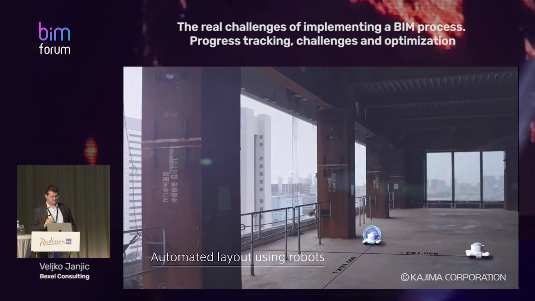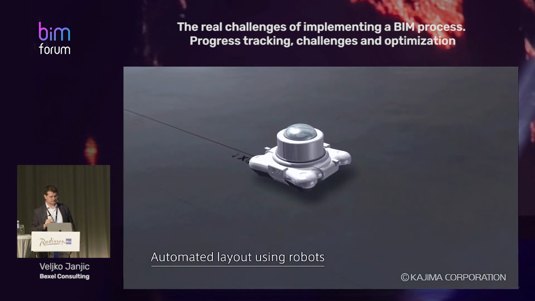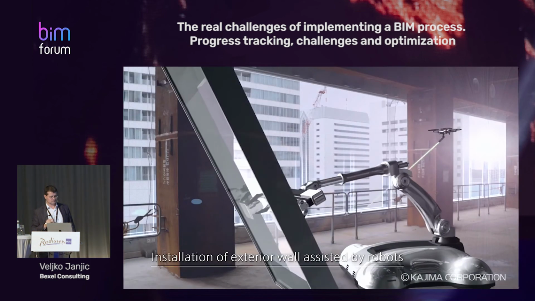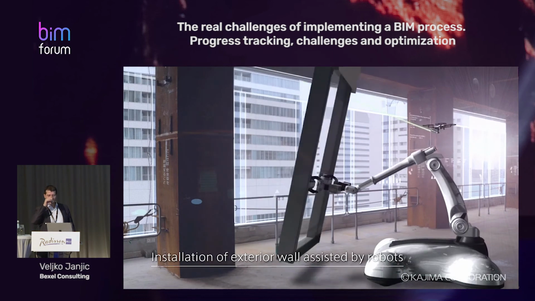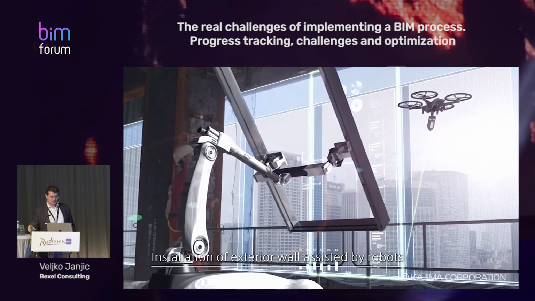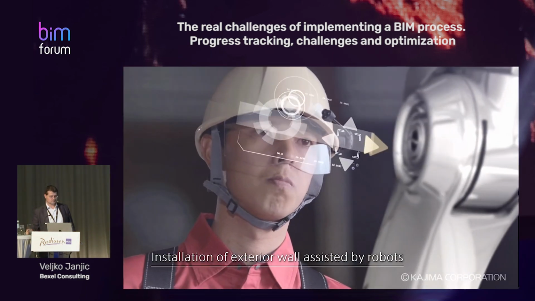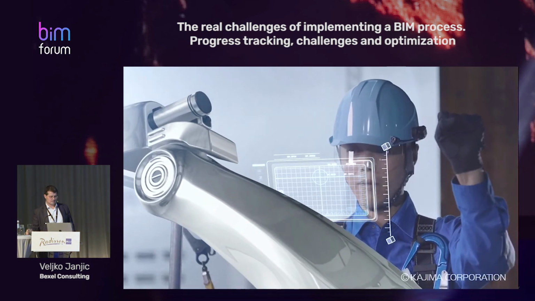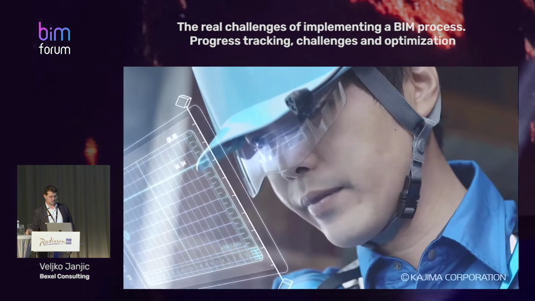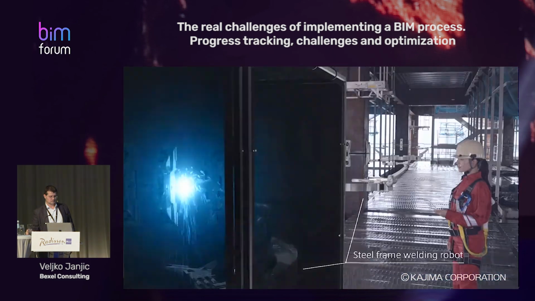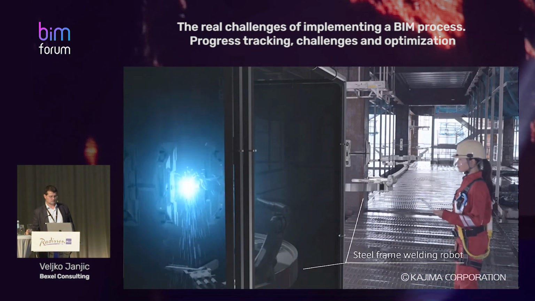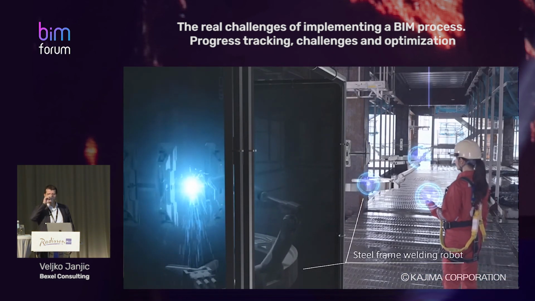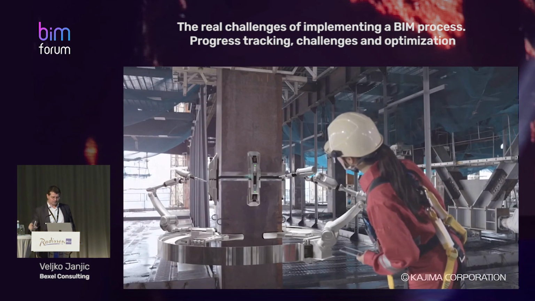Robots will also perform wall layout and other repetitive tasks. Precise installation of exterior walls and window systems can be achieved with robots. The critical final adjustments will be left to the human touch. Welding work of steel frames that requires a lot of man-hours can be performed with robots.